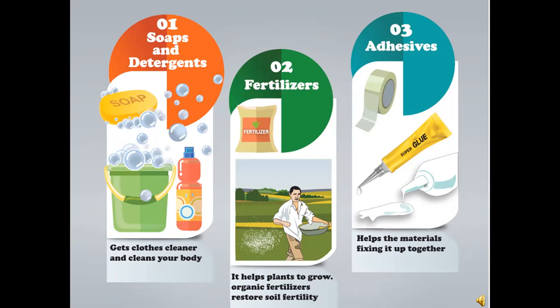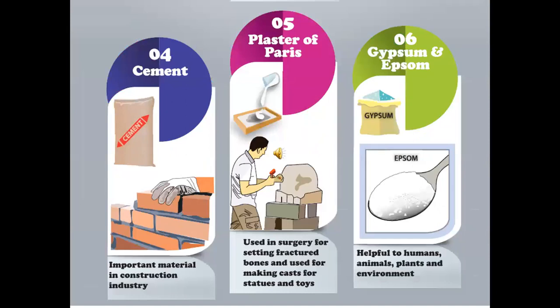Organic fertilizers restore soil fertility. Next, adhesives help fix materials together. Next chemical products are cement, plaster of Paris, gypsum and Epsom salt. Cement is an important material in the construction industry.